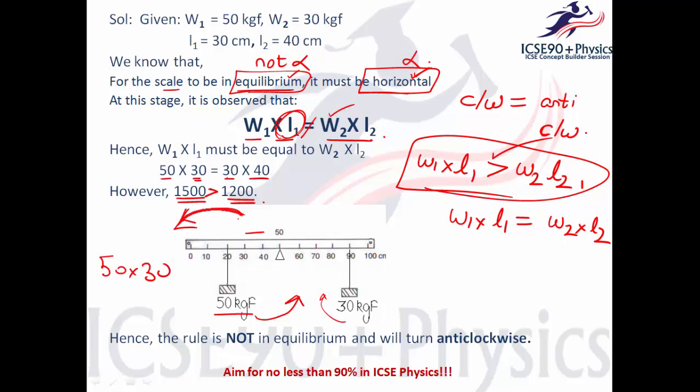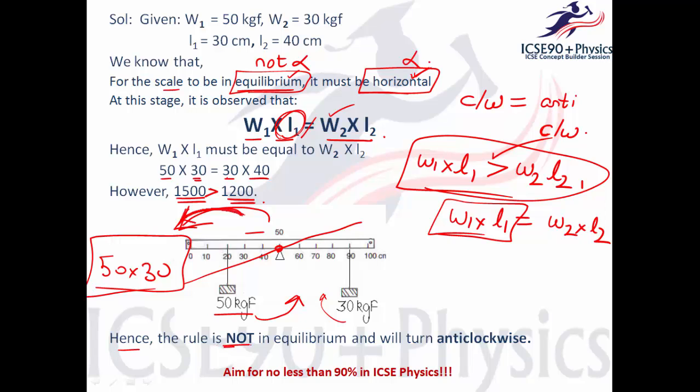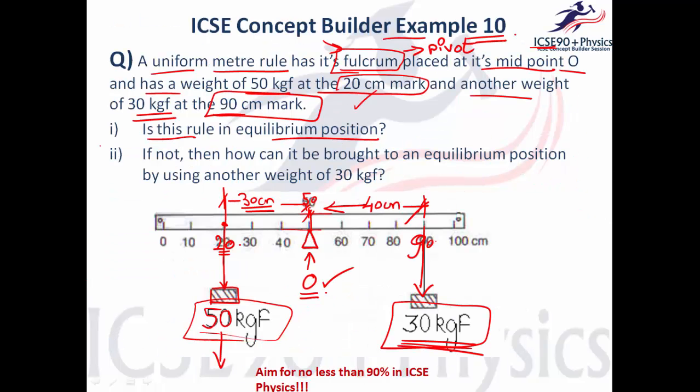As a result, this meter rule would tend to get inclined or tilted in an anti-clockwise direction, thanks to the greater anti-clockwise moment. And thus we can say that the rule is not in equilibrium and it will turn anti-clockwise. So that answers the very first part of the question. We certainly know for sure that the rule is not in equilibrium position.